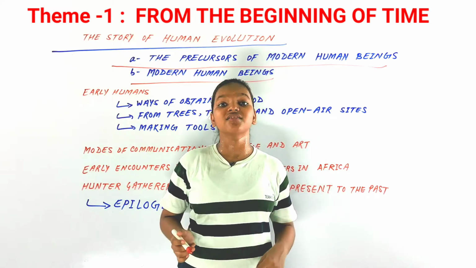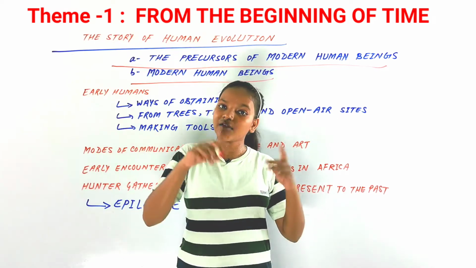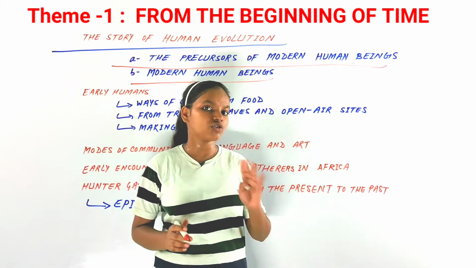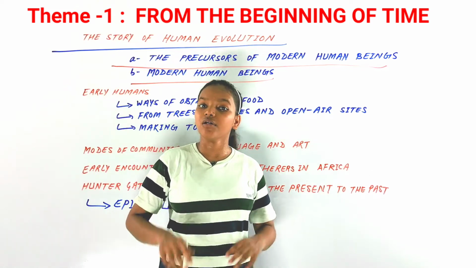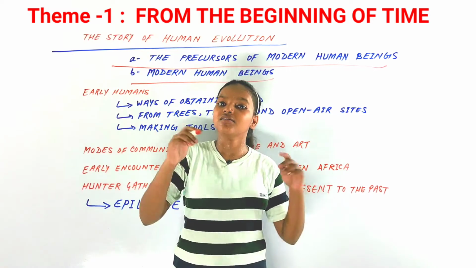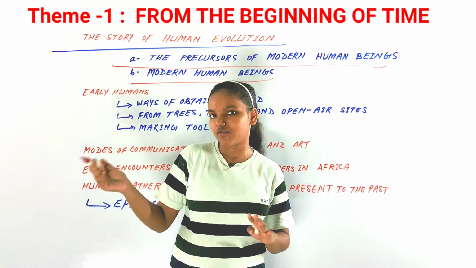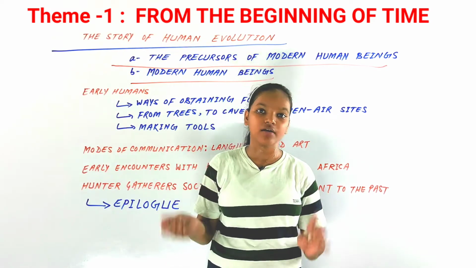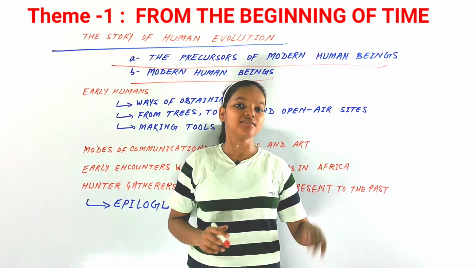The first is the replacement model, that Africa is the only origin of all human beings. The second is the regional continuity model, which means that all regions did have human existence. It's not that Africa is the only origin.